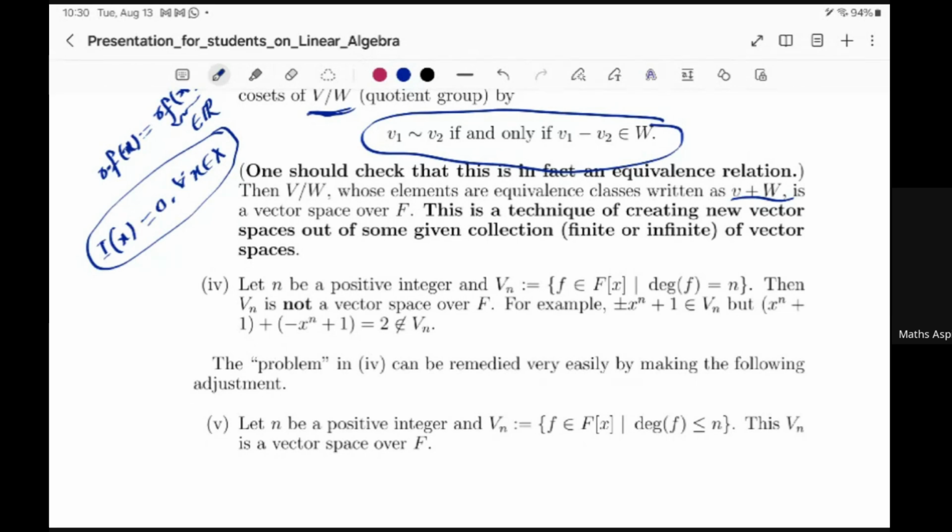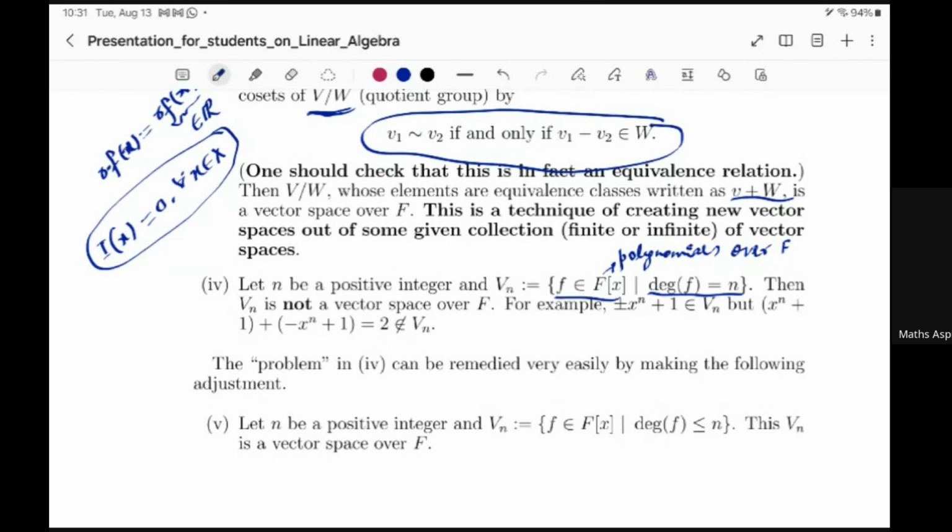Then define the set V_n to be the set of all polynomials over some field F, but I want to include only the ones which have degree exactly equal to n.